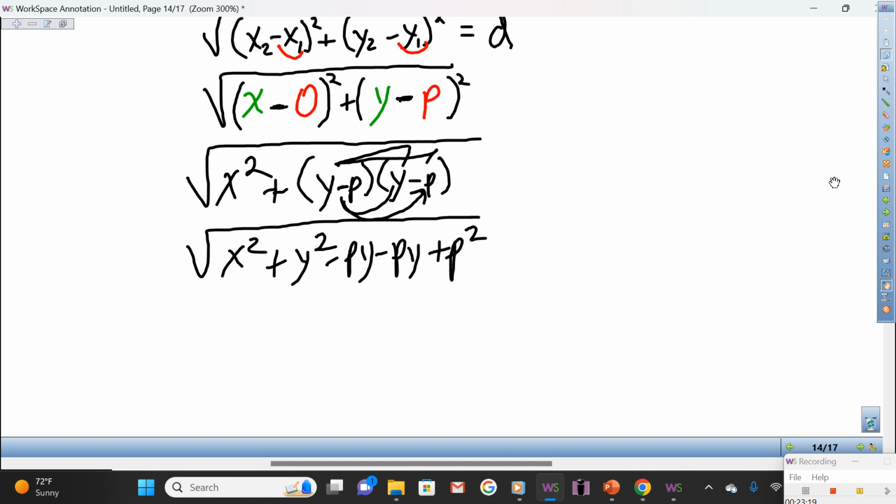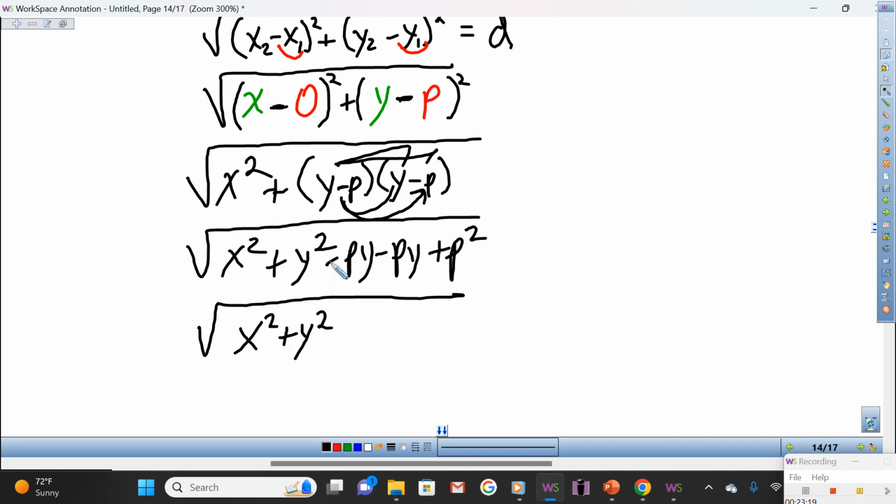You're like, oh snap, Mr. Q. Oh yeah, here you go. X squared, y squared. What is negative py or negative py? Negative 2py plus p squared. Can we simplify any more? No, we're done up to right there.